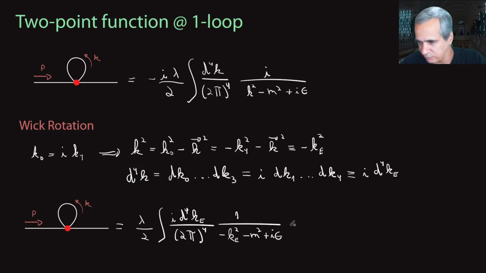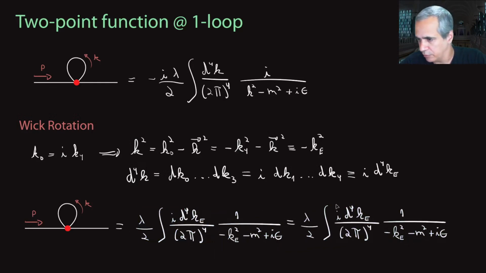Then I can rearrange the signs here. Let me just copy this part over here. Bring this i outside. A minus sign from down here, and then I can just change the sign of everything in the denominator.